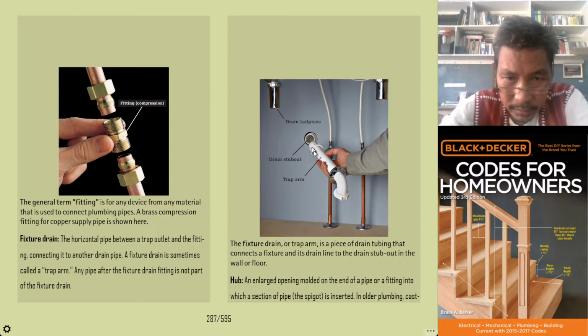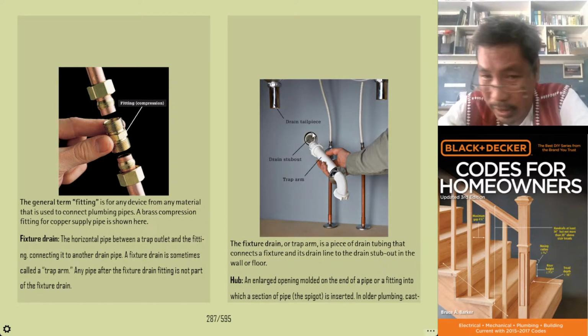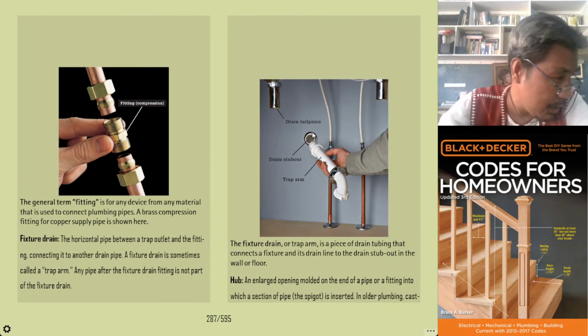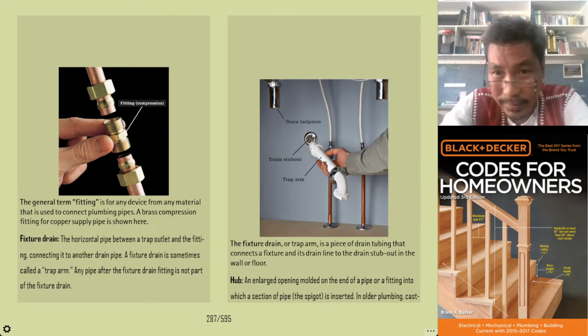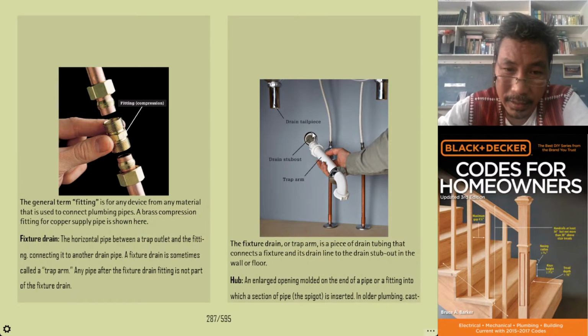So this is our fixture drain. This one we are going to connect to the drain stub out. This is the drain stub out. A drain stub out is similar to an electrical outlet. That is fixture drain.